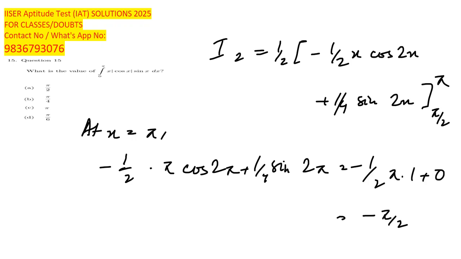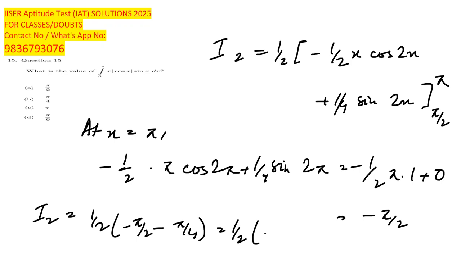Again at x equal to pi by 2, that also we have to find out. Same as before, like pi by 4. So I2 is equal to half of minus pi by 2 minus pi by 4, or half of minus 3 pi by 4. So that's minus 3 pi by 8.